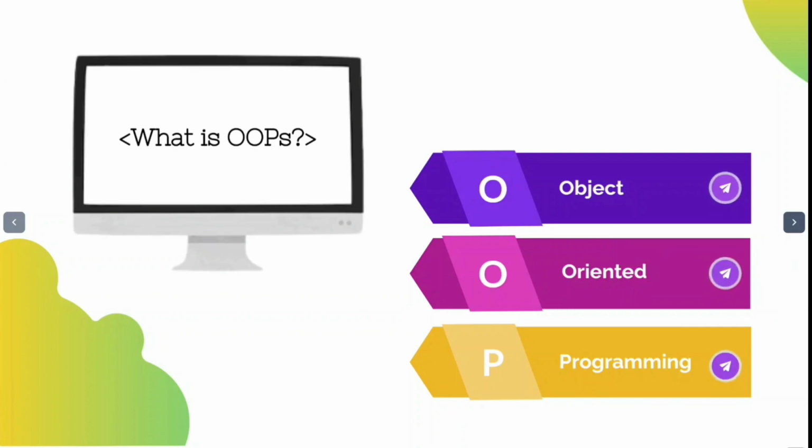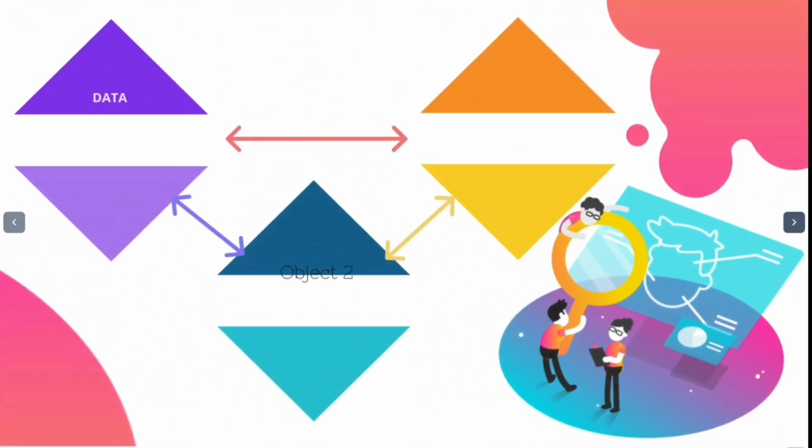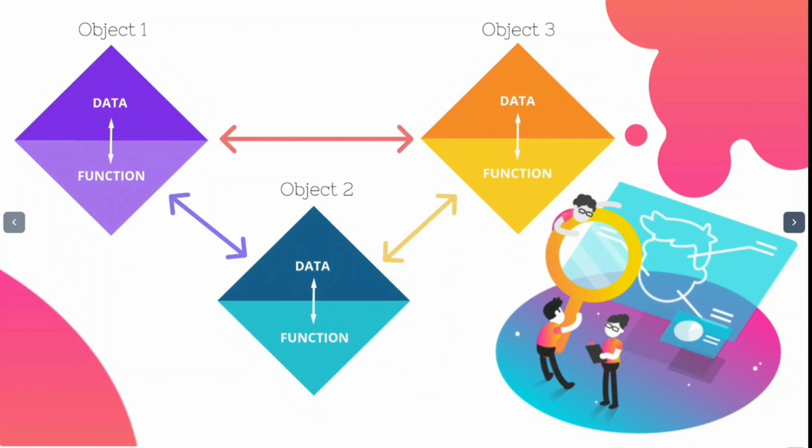So, we can say that object-oriented programming is a method of structuring a program by bundling related properties and behaviors into individual objects. The main aim of OOP is to bind together the data and the functions that operate on them so that no other part of the code can access this data except that function.